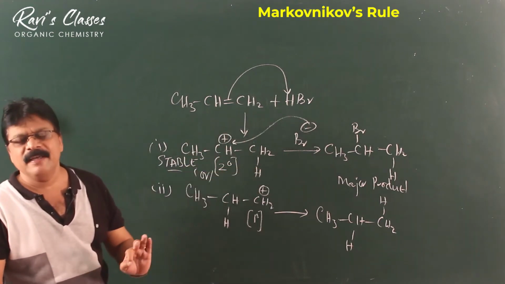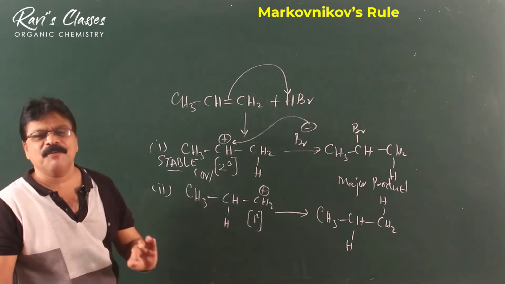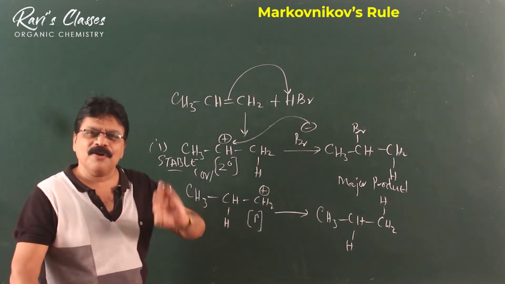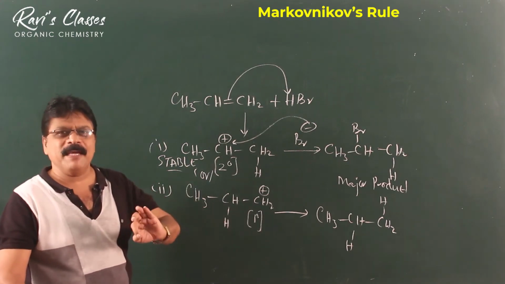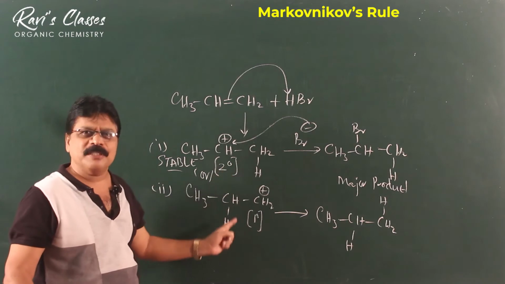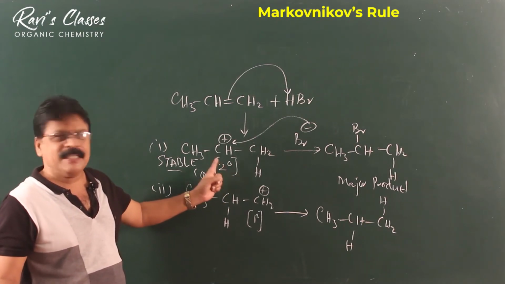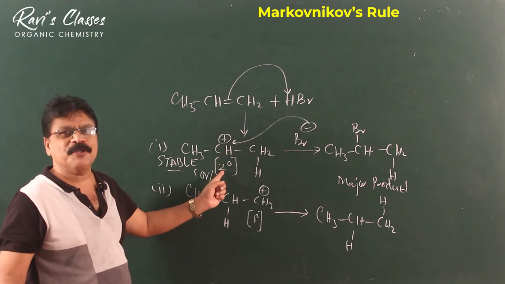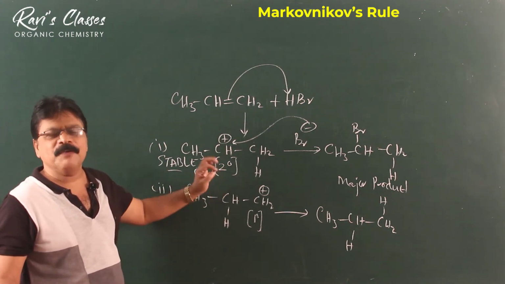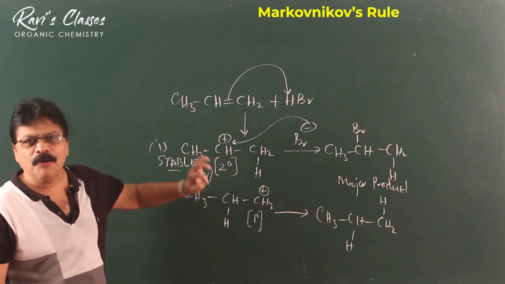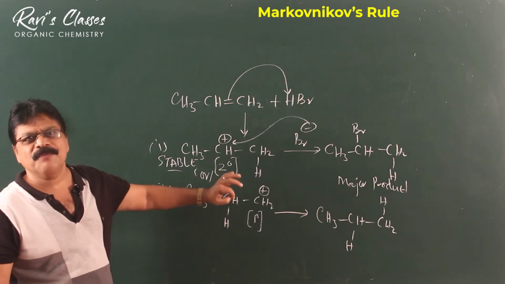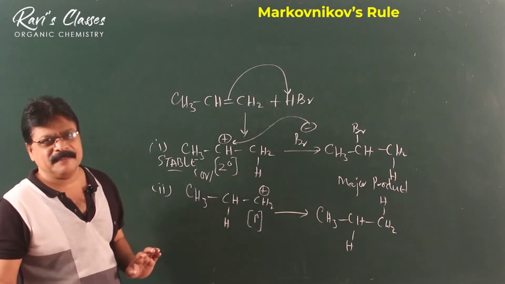That is the statement. But now it is better for us to say that Markovnikov's rule is well explained based on the formation of the more stable carbocation. The more stable carbocation is this, therefore the Br minus will subsequently come there only. So, we can always remember how to find out the product of the addition reaction.